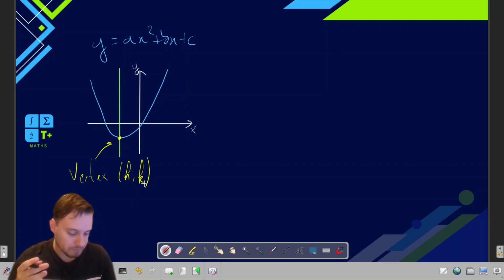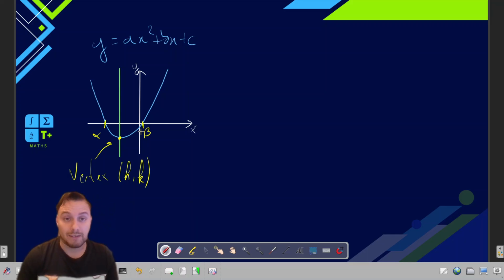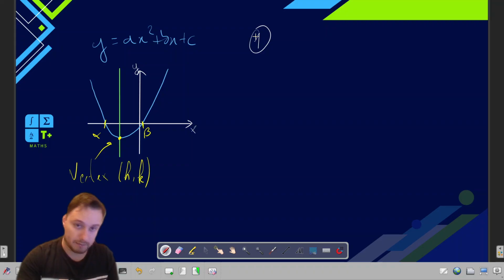So scenario number one is we have roots. This is alpha and this is beta. If we have roots, as the parabola must be symmetric, then my value for h, this will be our first method, is going to be the value for alpha plus the value for beta over 2.